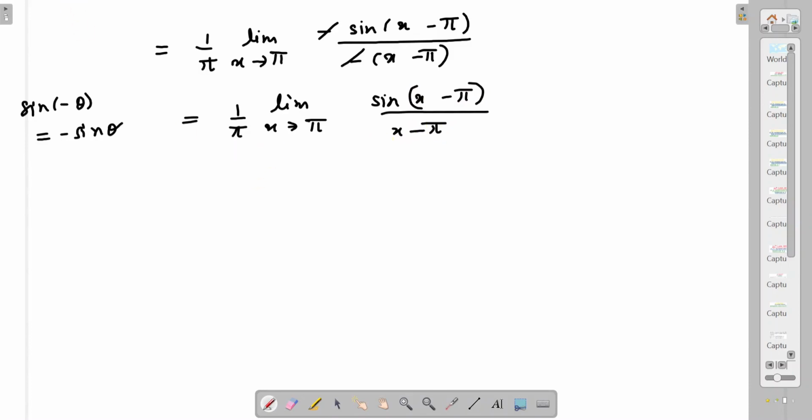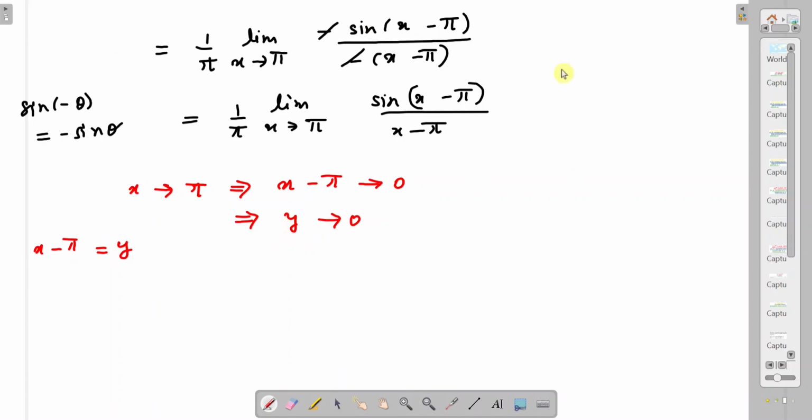Now if you look at x tends to pi, this will imply x minus pi is going to 0, just by subtracting pi on both sides. So x minus pi tends to 0. If we write x minus pi equal to y, then y tends to 0, right?